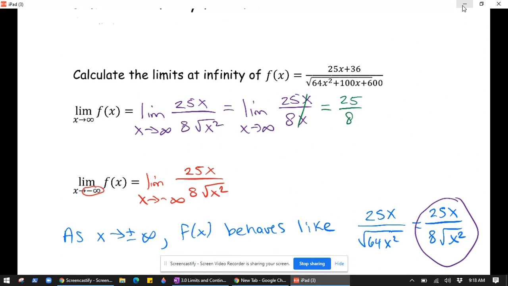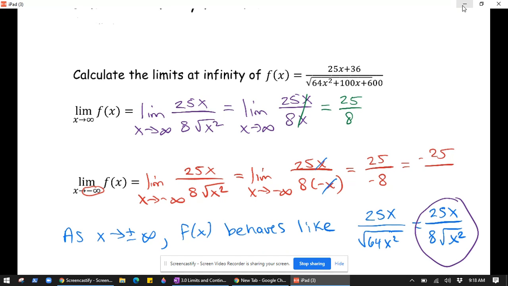And in doing that, we get this. The 25 divided by 8 stays, x over x is 1, and we see that we get, as a final answer, negative 25 over 8, or 25 over negative 8, I guess is what I wrote. Okay, so those are the two answers.